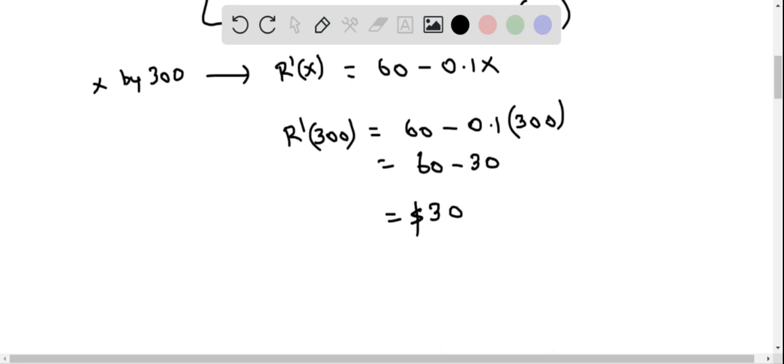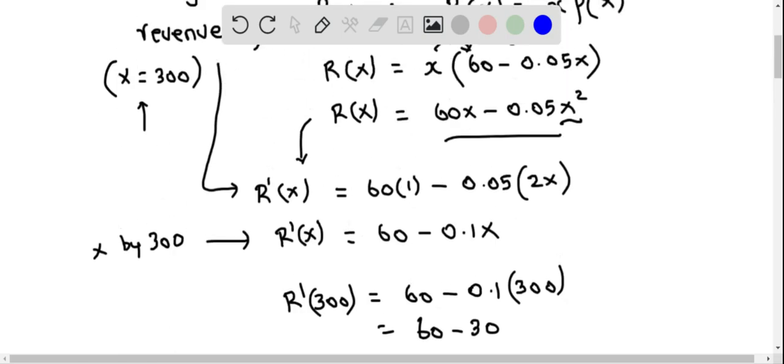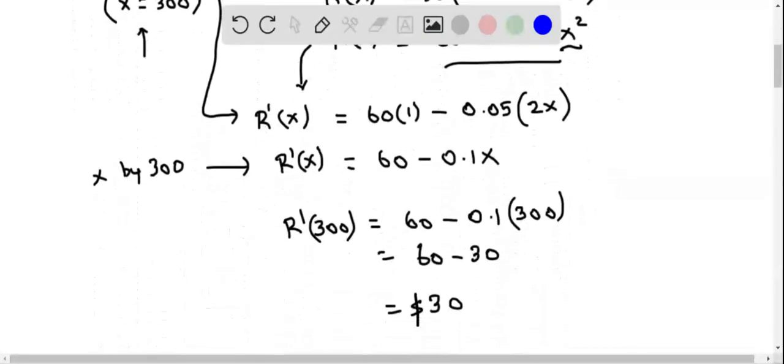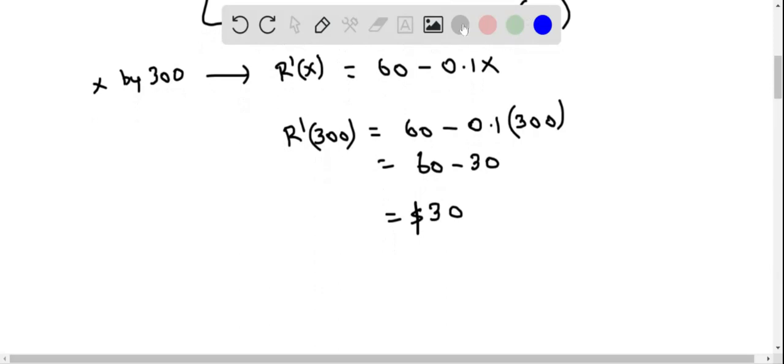This is in dollars. So we say that the marginal revenue at a production level of x equal to 300 is $30. And this answers part B.